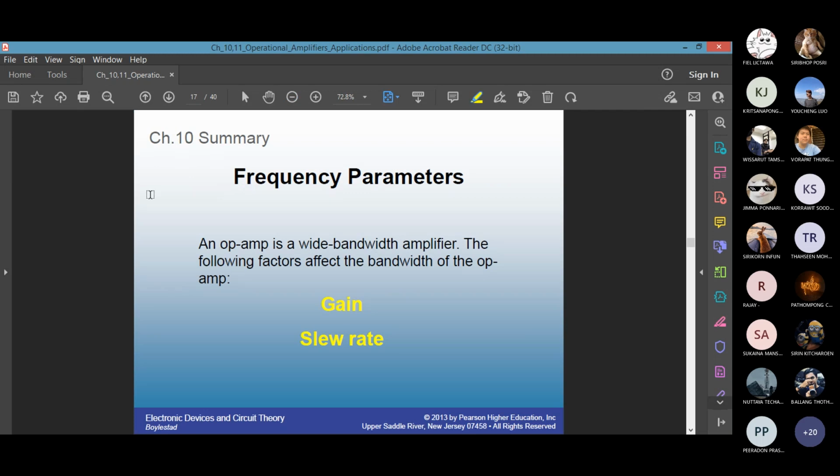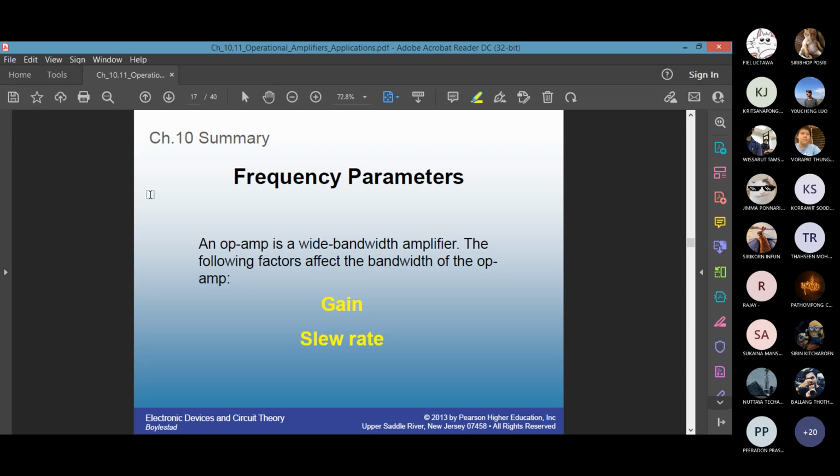When you are operating the op amp with a closed loop feedback, it operates in a larger bandwidth. So in normal operation, it's a wide bandwidth amplifier. But some factors will affect the bandwidth of the op amp. One is called gain. How many types of gain did we study for the op amp?